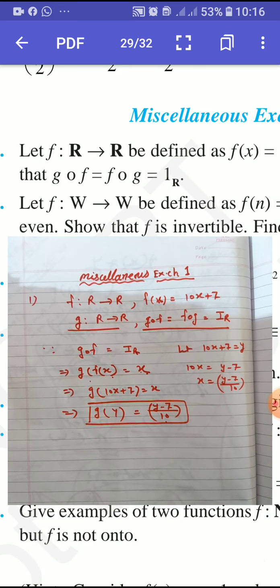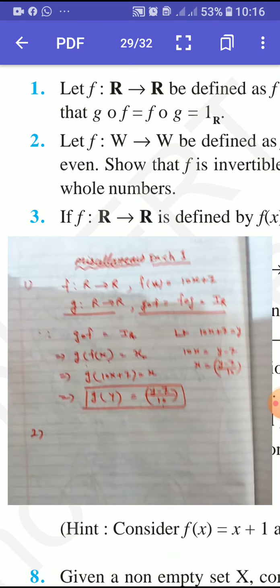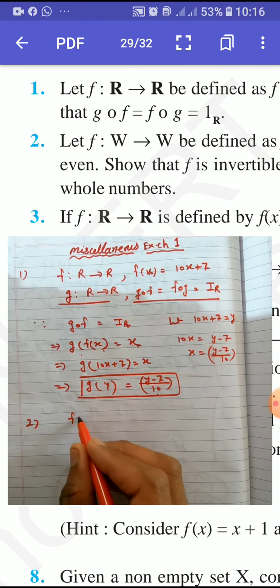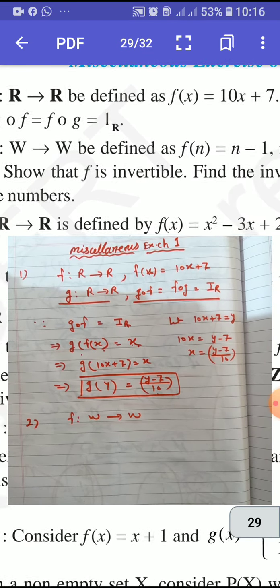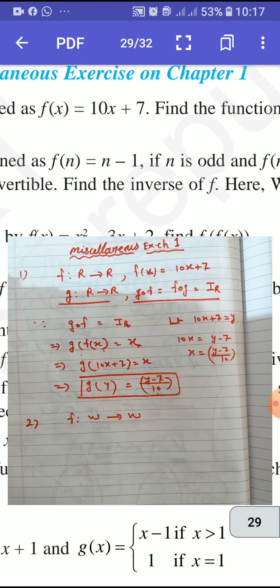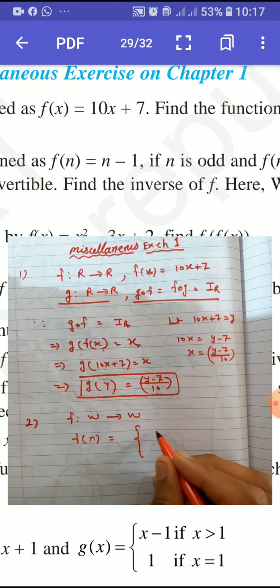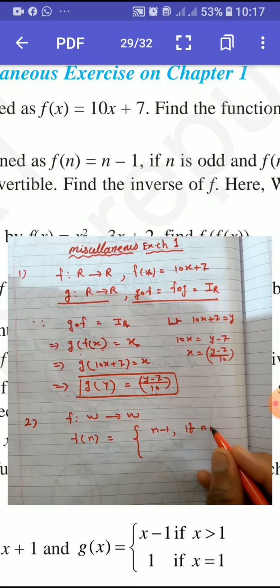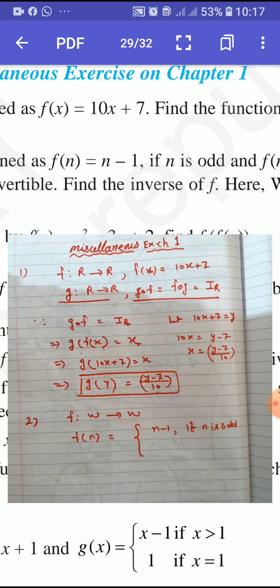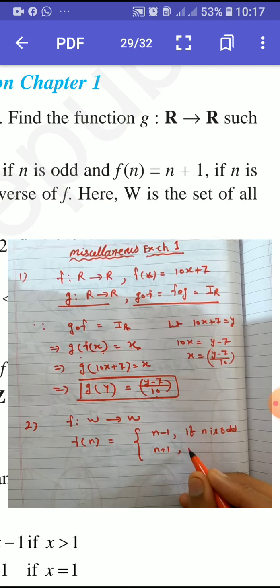Come to question number second. This is a very important question. In question number second, let function f be defined from whole numbers to whole numbers as f(n) = n - 1 if n is odd, and the same function f(n) = n + 1 if n is even.